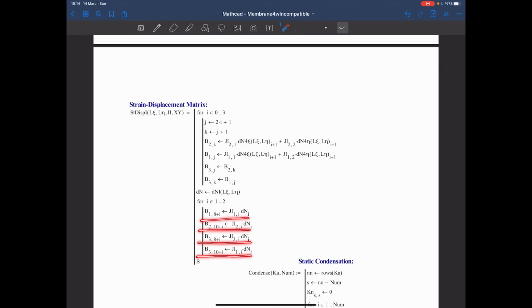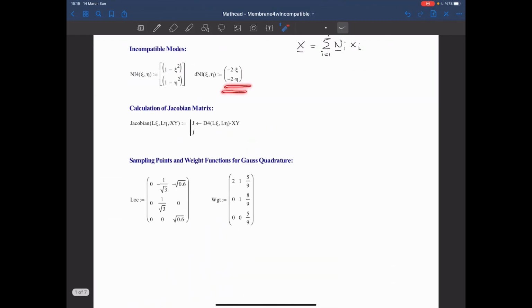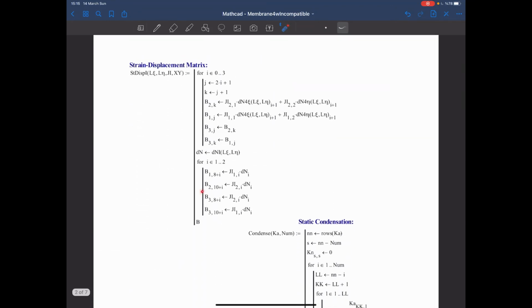So the B matrix is filled with the BA matrix: Jacobian 1,2 times the first derivative, which is minus 2 psi, Jacobian 1,2 multiplied by the second derivative, which is minus 2 nu, right? In the second row, I'm filling 10 and 11: Jacobian 2,1 times minus 2 psi, Jacobian 2,2 times minus 2 nu. And at the end of the day, I will have a 12 by 12 matrix.